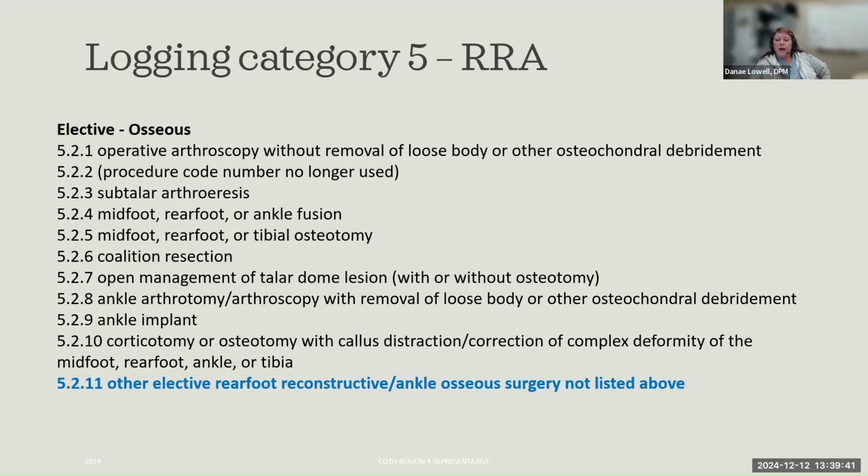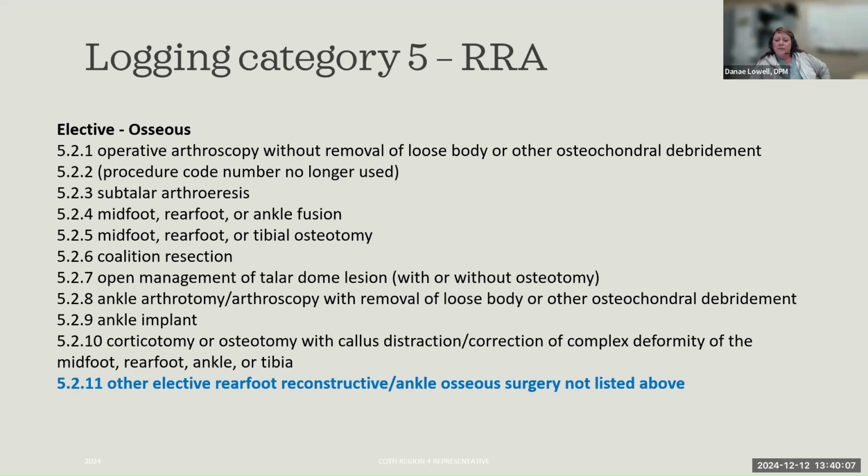Under Category 5 for elective osseous, you'll find these procedures listed. They include, but are not limited to, osseous correction of chronic type injuries and includes arthroscopy, arthrodesis, coalitions, complex deformity correction, and implants. The last one listed in blue is rarely if ever used. Multiple procedures count as one procedure.